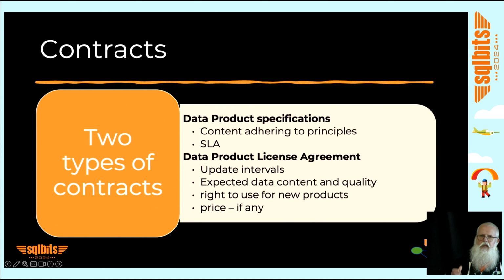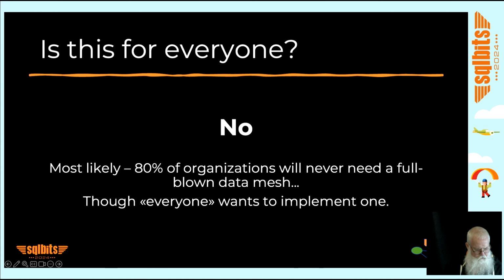And if I build products on top of this, I take ownership of any changes going forward. These kinds of things. So these are agreements that need to be in place. Unfortunately, I haven't seen any good products that can handle this yet, but I'm pretty sure something like that will come along. But it's something that you need to have in the back of your mind if you're building a data mesh. So is this for everyone?